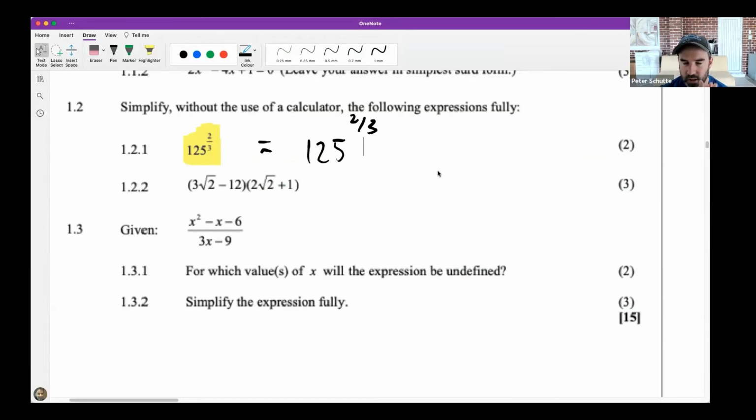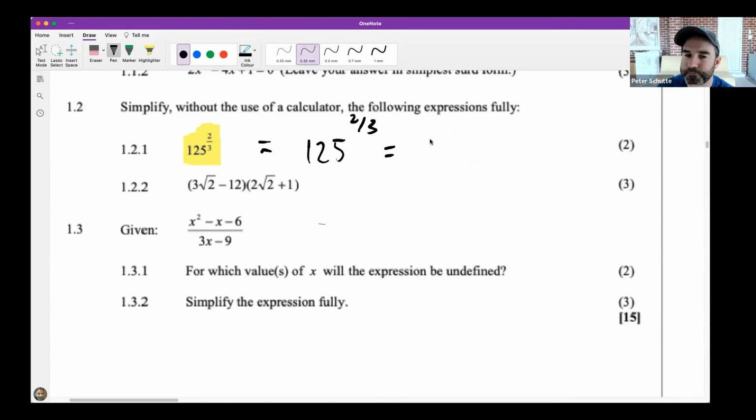I'll give you a minute or so to try, and then I will assist. Okay, Muzi, I see your hand is up there.